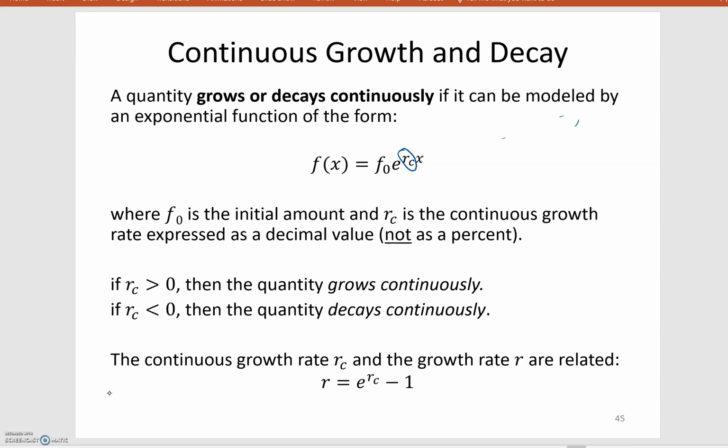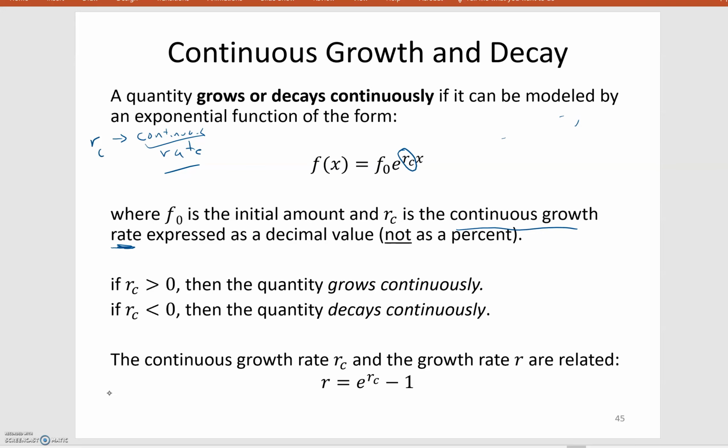So, we've got r as the correlation coefficient, r is the growth rate, and now we've got r sub c. Now, what does that mean? So what is r sub c? r sub c is the continuous rate. Okay, so we've got it right here.